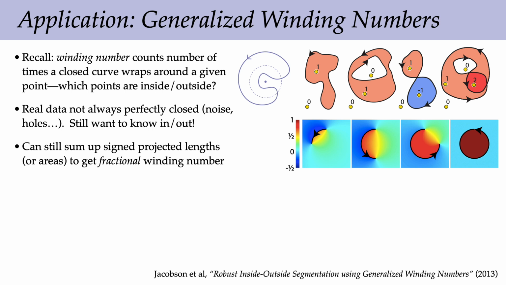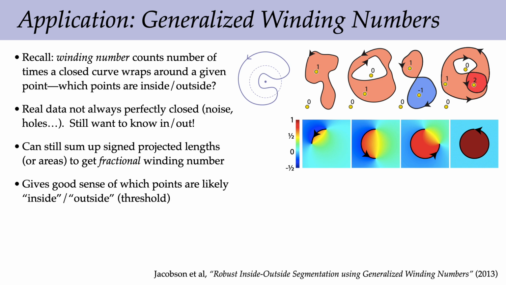So for instance, if I have a circle that doesn't quite close, what's being plotted here is the projected length at each point in the plane. And you can see as the circle gets closer and closer to being closed, there's less and less ambiguity about whether I'm inside or outside. So what I could do maybe is pick a threshold. If I'm above a certain value, I'm outside. If I'm below a certain value, I'm inside.